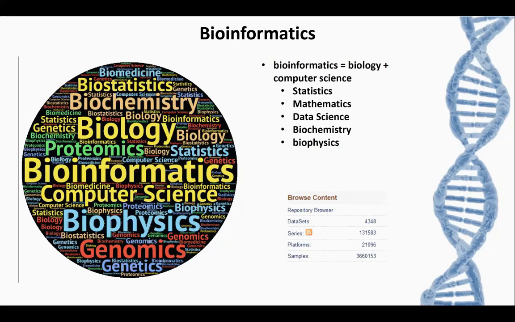There will always be a starting point, a discipline where you start from, and then you go and prove yourself. So, for example, myself, I started as a molecular biologist. I didn't have any expertise in coding or in statistics. So I started as a molecular biologist with wet lab expertise.